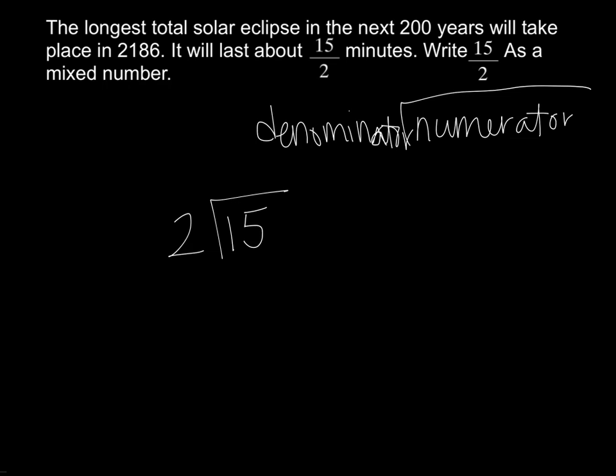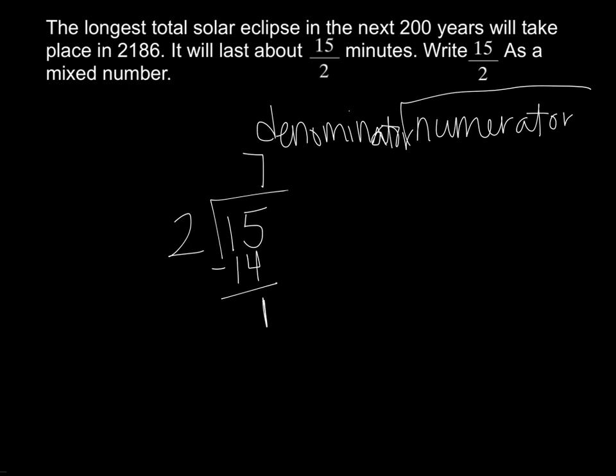So 2 goes into 15 7 times, and that would be 2 times 7 is 14. We have 1 left over. Now this is where it changes. When we're talking decimals, I would add my decimal, add a 0, bring it down, and keep going. But we are not talking decimals today, we're talking fractions.